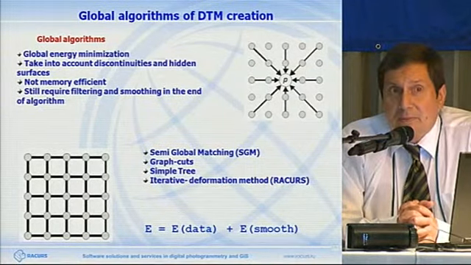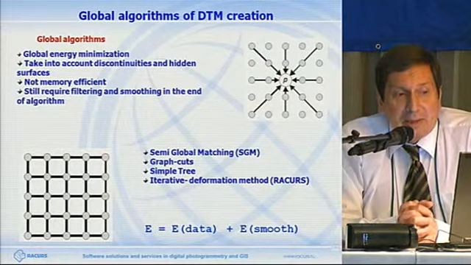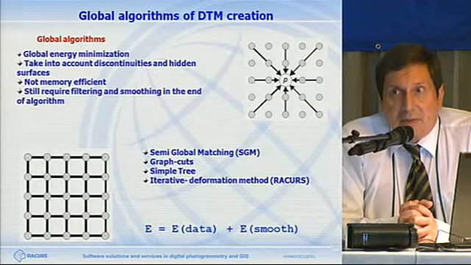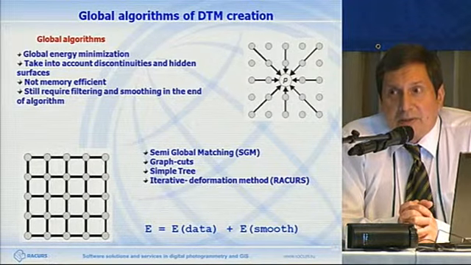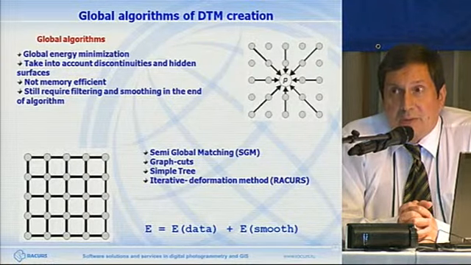There are also global algorithms available. I think Gottfried had a picture on that. Semi-global matching is one of the most important. Graph cuts, simple tree. This is a method where you look for a minimum of some global functionality, and we're working on our own method.